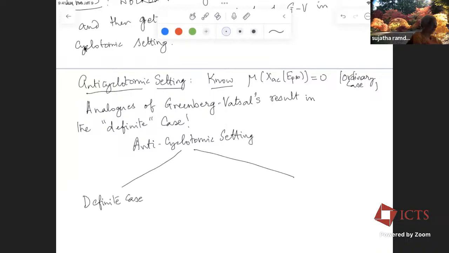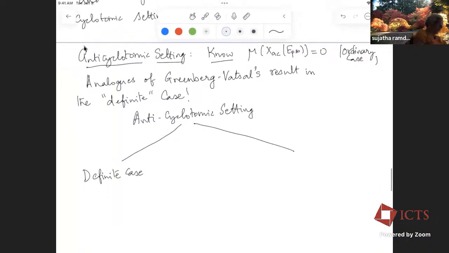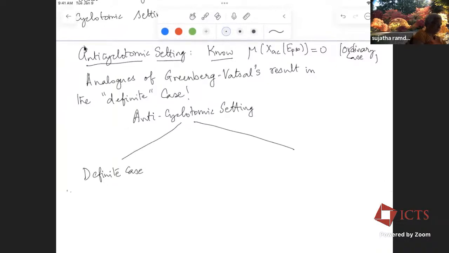And let me define this in simple terms. The reason that it's called the definite case comes from really Shimura variety theory and so on. So the definite case, for our purposes today, just means you have the conductor of the elliptic curve.